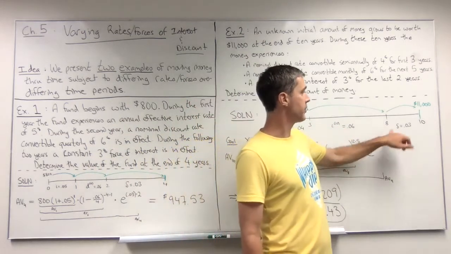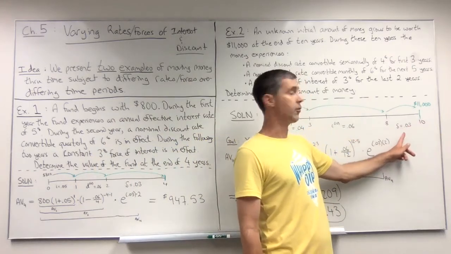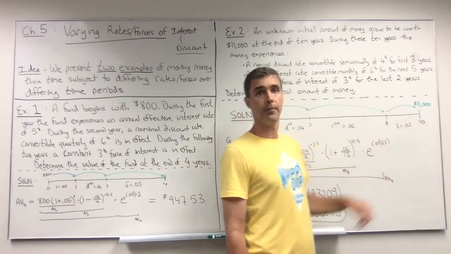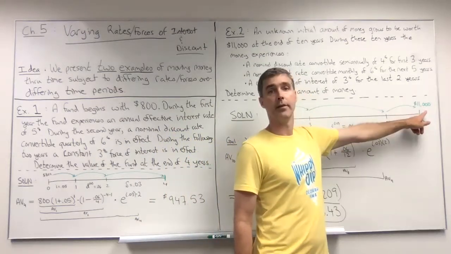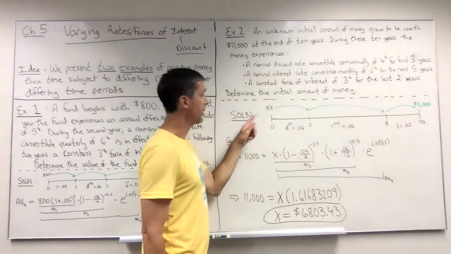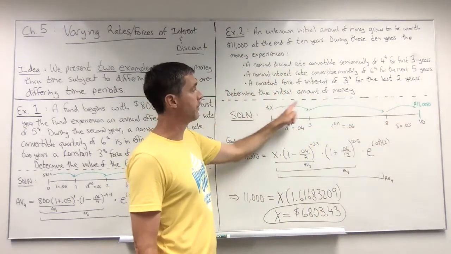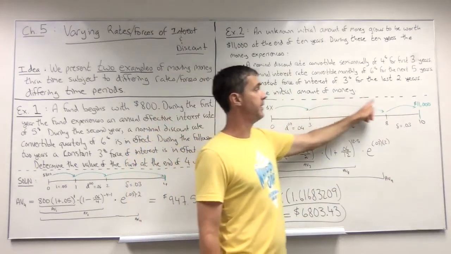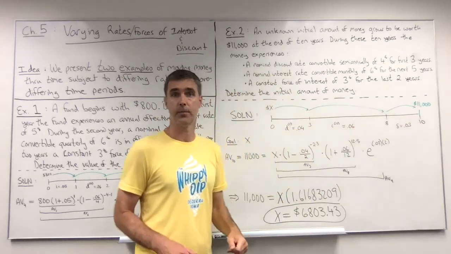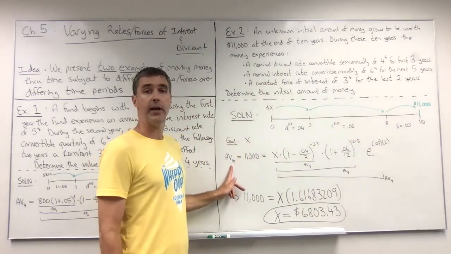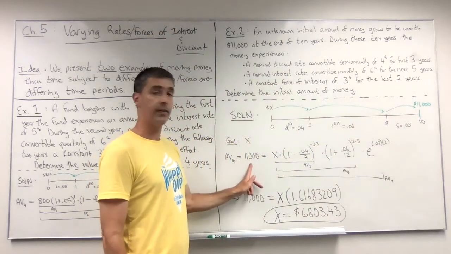And then the last 2 years, from time 8 to time 10, I have a constant force of interest, delta 0.03. And I know at time 10, this is all worth $11,000. So I'm going to take this unknown amount x, push it forward 3 years, then 5 years, and then 2 years, and set it equal to $11,000, right? So the accumulated value at time 10, we know is $11,000.